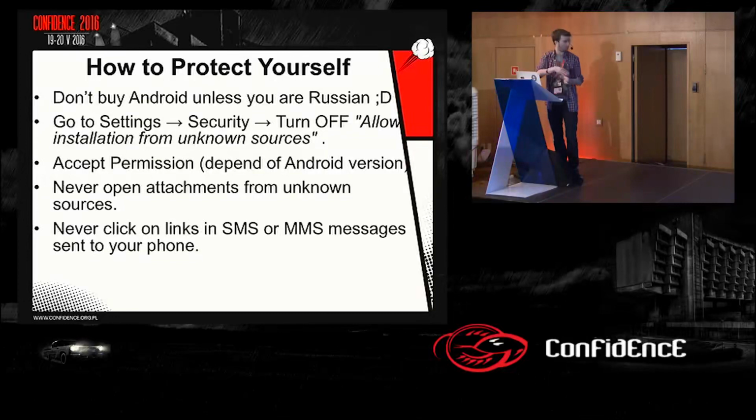Before that, maybe like 4.4.2, when you installed the application you had a pop-up asking if you want to give all of these permissions to the application. So maybe now it is much better than before. Never open any attachment from unknown sources, and never click on any link in an SMS that someone can send to your phone.